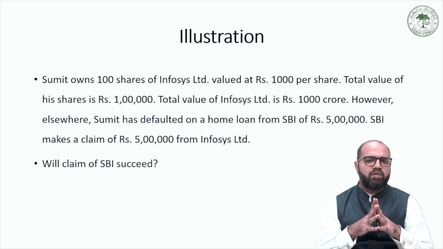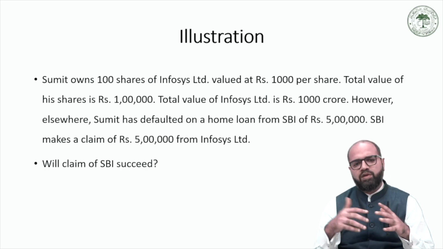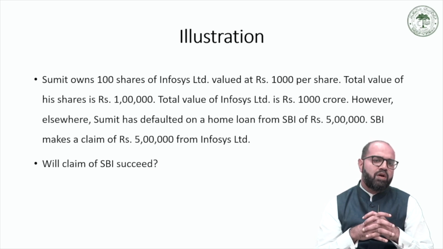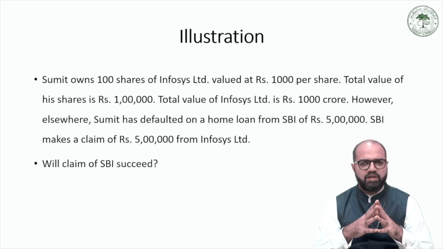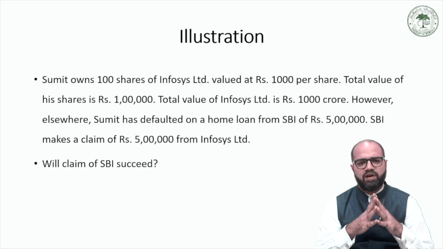Now, the total value of Infosys Limited is 1000 crore, hypothetically speaking, although in reality Infosys Limited is valued much more than that. However, on a personal front, this shareholder Sumit has defaulted on a home loan from a bank, State Bank of India, of rupees 5 lakh.